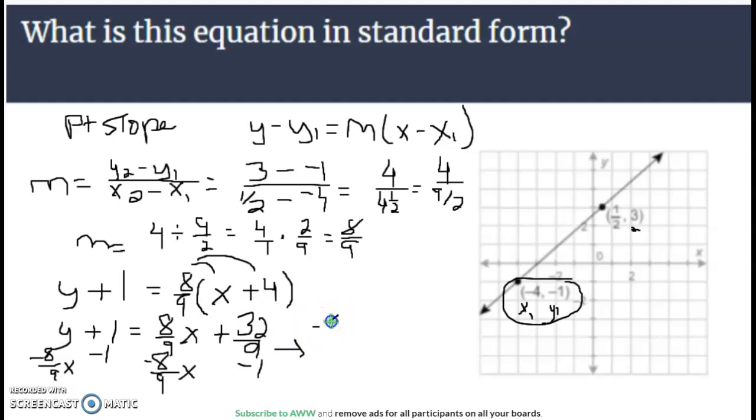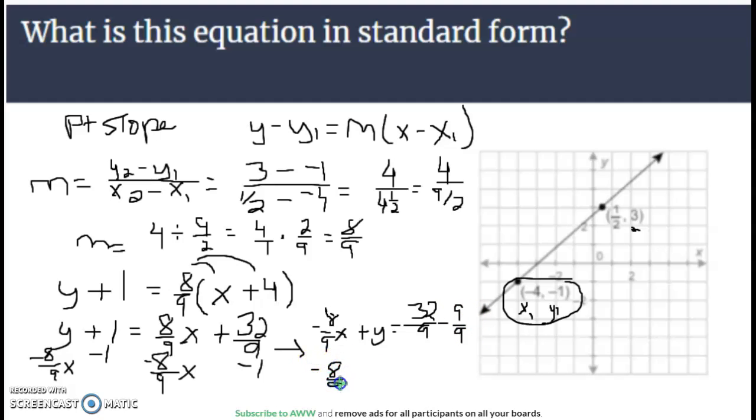Here's what we have: -8/9 x plus y equals 32/9 minus 1. Let me write that horizontally. Instead of saying -1, I'm going to say -9/9. That way I can simplify it.